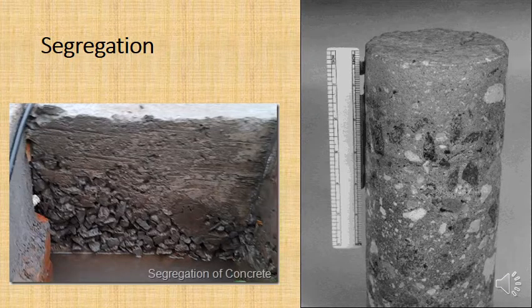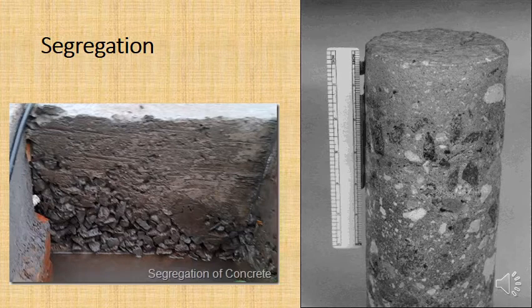So we can see concrete on the left there, that's dried, and you can see that segregation has happened. All the large, dense, coarse aggregate particles have sunk to the bottom, whereas the light cement and water particles form a paste which stays on the top.